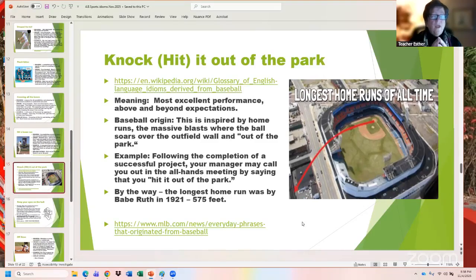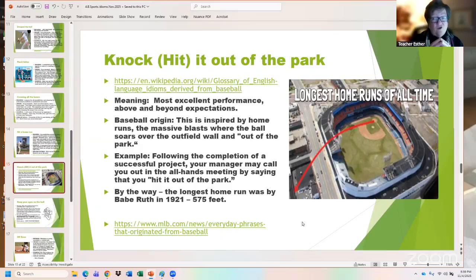And in the olden days, a very long time ago, there were some stadiums in the middle of neighborhoods where people actually lived across the street. And so hitting it out of the park might have actually happened, and that ball could have been hit into somebody's yard or into somebody's window.